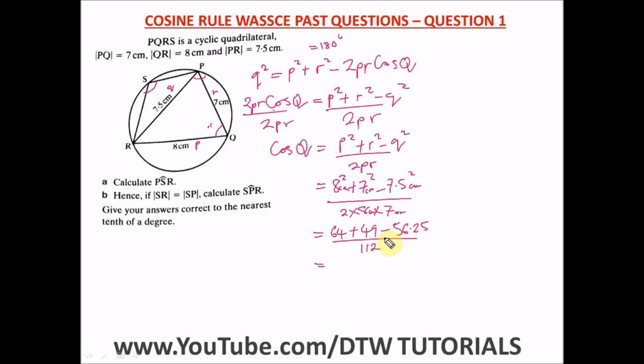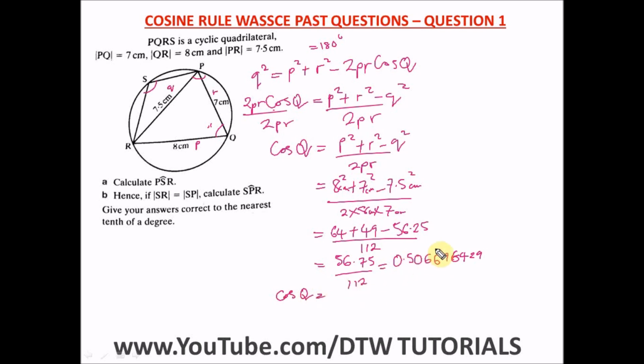All right, when we resolve this, we're going to have 113 minus 56.25, divided by 112, which will give us 0.506696429, and this is what cos Q is equal to.